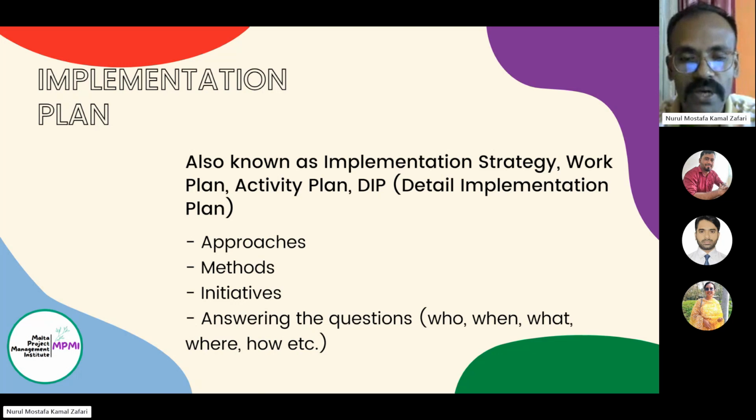So in an implementation plan, one can put project approaches, methodology of implementation, and initiatives that will be taken to implement the project. And if there are any other questions asked by the donor, such as who, when, what, where, how, one needs to put answers to these questions. Approaches means, for example, my project will be child-centered, it will be gender responsive, and it will be accountable to the beneficiaries.